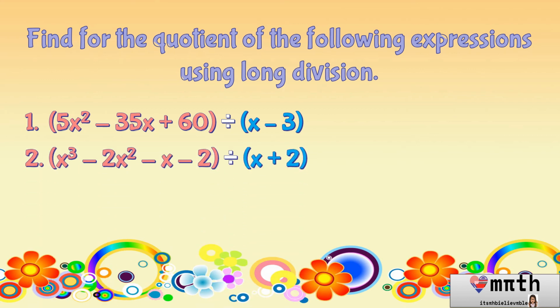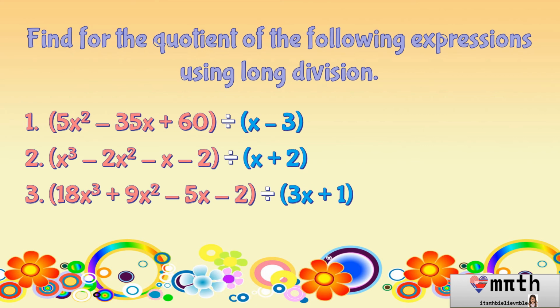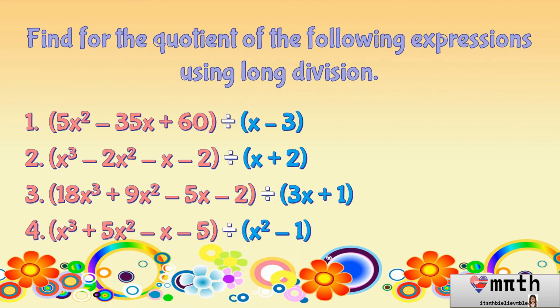Number 2, x raised to 3 minus 2x squared minus x minus 2 divided by x plus 2. Number 3, 18x raised to 3 plus 9x squared minus 5x minus 2 divided by 3x plus 1. Number 4, x raised to 3 plus 5x squared minus x minus 5 divided by x squared minus 1.